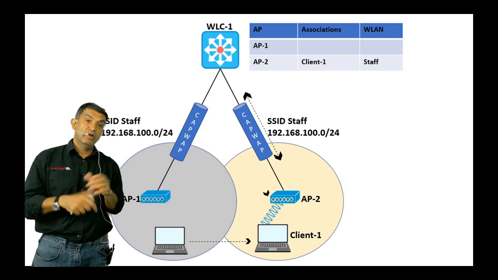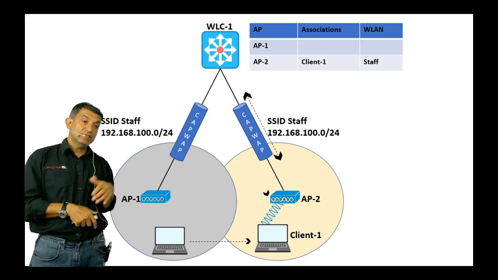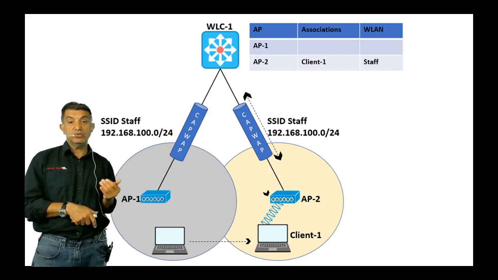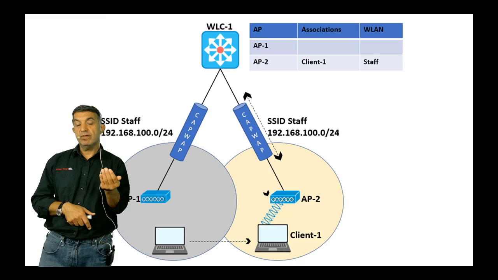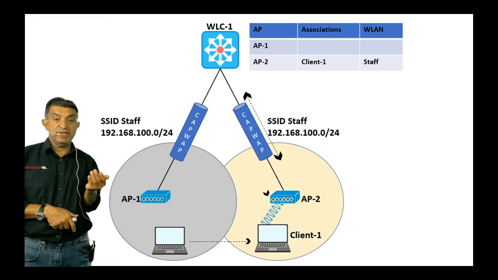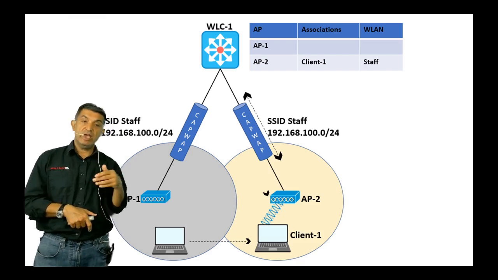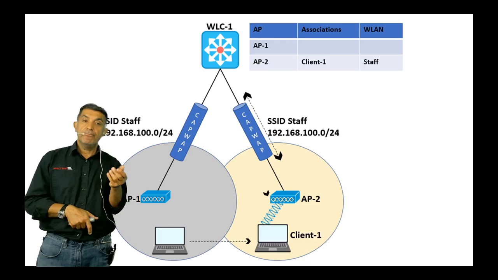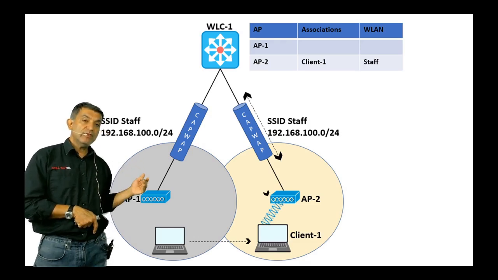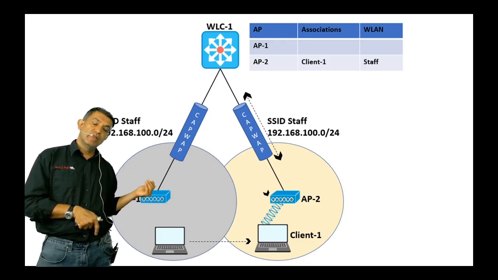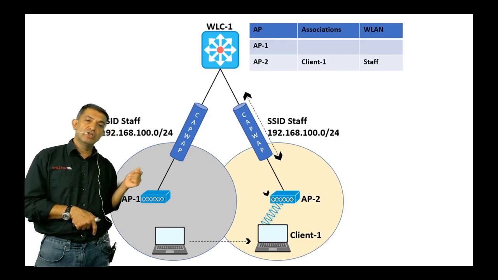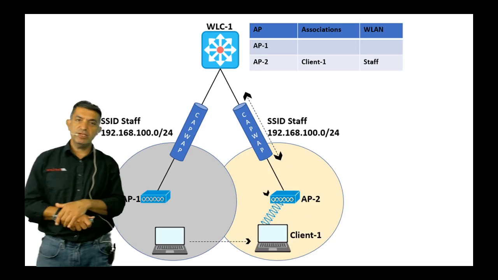But now we have standards like 802.11r, with fast BSS transition, or 802.11v and 802.11k, and so on, which make the roaming much quicker and much smarter. So let's talk about this.